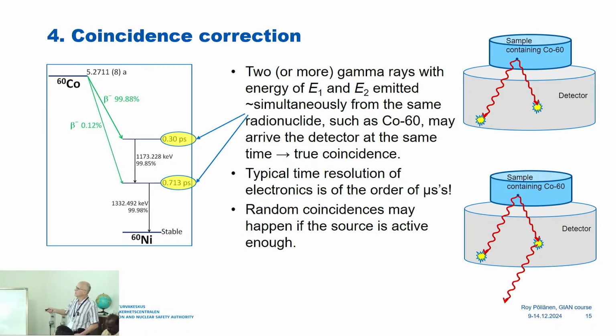However, the typical time resolution of electronics is of the order of microseconds. So it may happen that both of these pulses come to the detector at the same time.